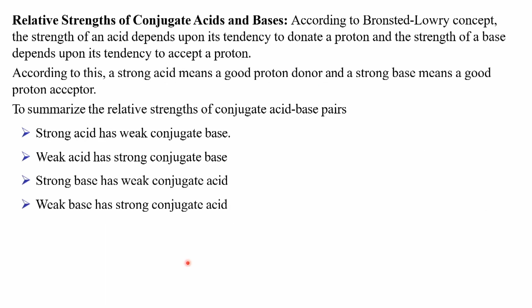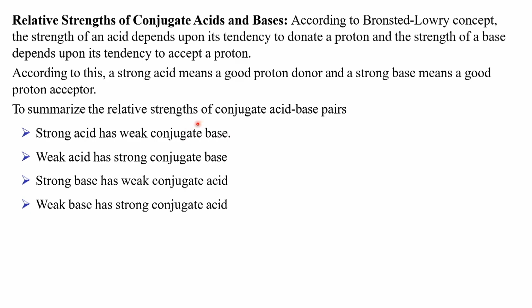Next we discuss the relative strengths of conjugate acids and bases. According to the Bronsted-Lowry concept, the strength of an acid depends upon its tendency to donate a proton and the strength of a base depends upon its tendency to accept a proton. So a strong acid means a good proton donor and a strong base means a good proton acceptor.